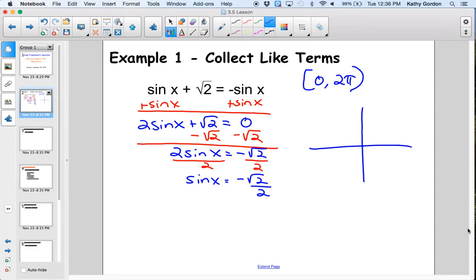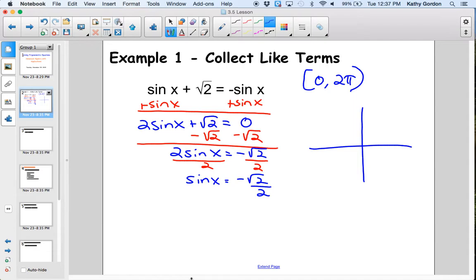So let's think about the unit circle for a second. If I'm asking you to solve for x here, first of all, what does my variable actually represent in this problem? What kind of answer am I trying to find? So I'm taking the sine of x and I'm saying it's supposed to give me a negative square root of 2 over 2 for an answer.